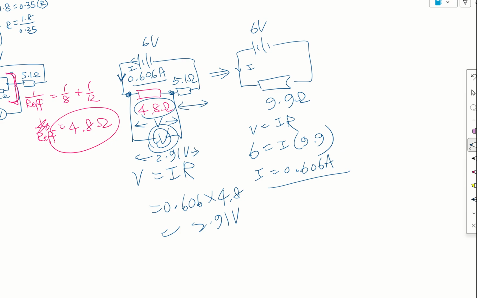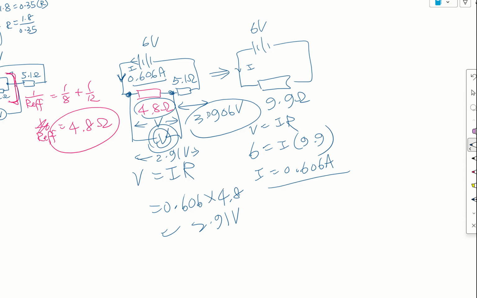Just to check that our answers make sense, I'm now going to find the potential difference across this 5.1 ohm. I know the current is 0.606 passing through the 5.1 ohm, because it is the same current in a series connection. So 0.606 multiplied by 5.1, I get 3.09 volts.